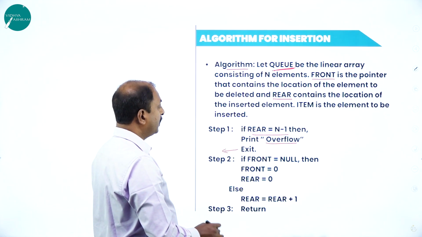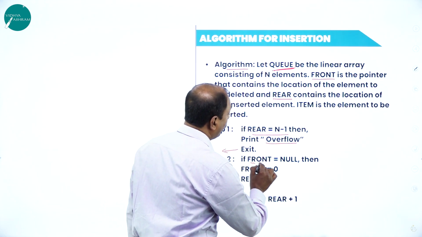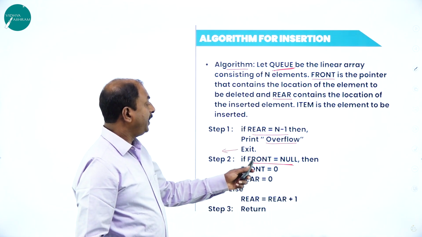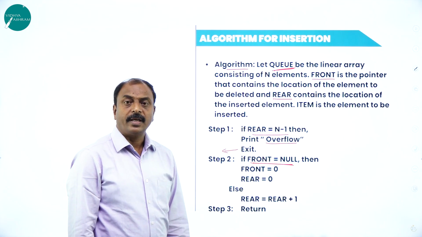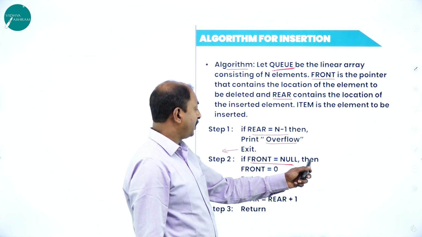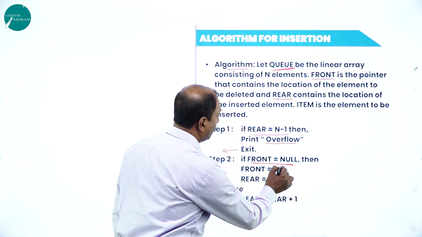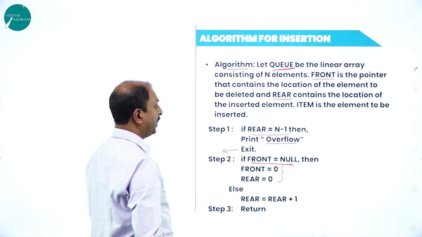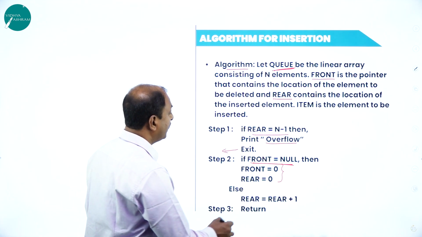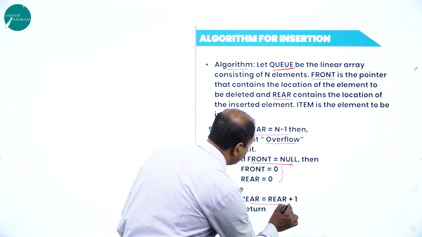If not, then we check if front equals null. What is the meaning of front equal to null? Front is the pointer where the element is to be removed. If front is null, then we set front equal to 0 and rear equal to 0; that is, the queue was empty. Next, else rear equals rear plus 1.